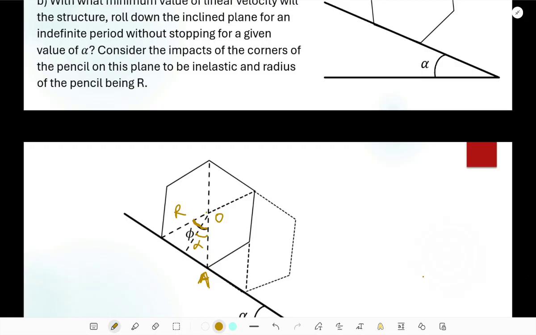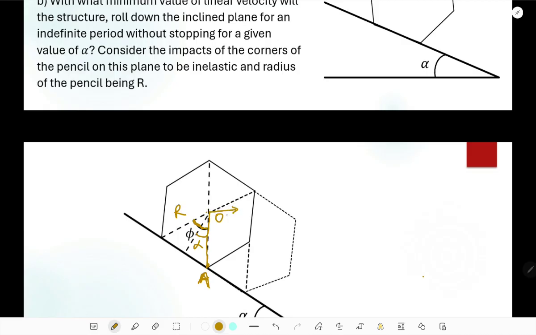So how can we solve it? The problem is, let us give some velocity, and we can only give the velocity because slipping is prevented here, so there is no slipping happening here.